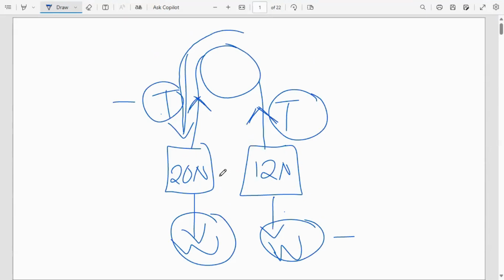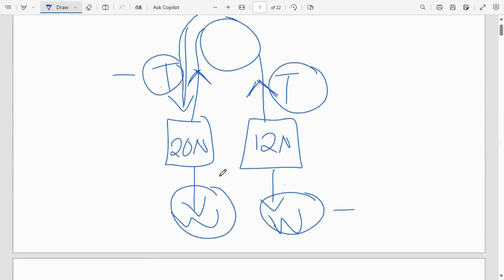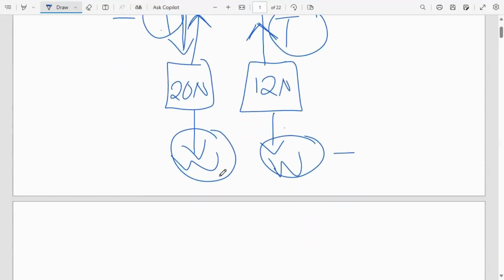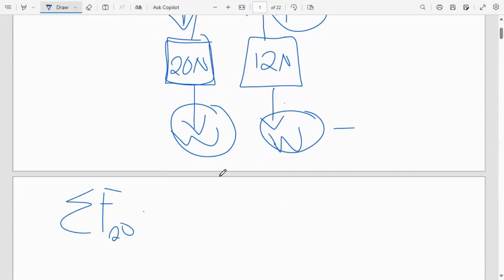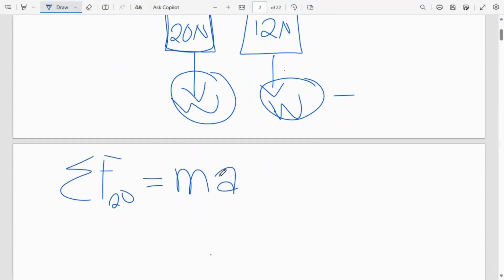So let's bring down our equations using Newton's second law of motion. Let's bring our equations for both objects. If I say the summation of forces acting on the 20 newton object, they are equal to what? They're equal to mass multiplied by acceleration. What kind of forces do we have?